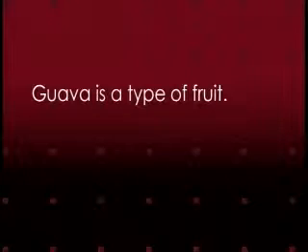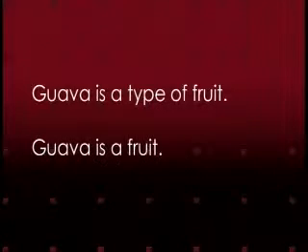In the second case, we are emphasising that the supermarket has locally grown bananas, guavas, oranges, tomatoes, and so on. We are talking about countable types of fruit. Let's look at another example. Guava is a type of fruit, but we don't need to say so. We can just say, guava is a fruit, where a fruit is understood to mean a type of fruit.